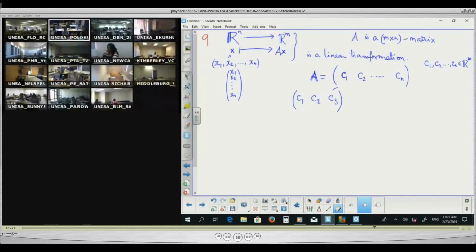So can I please make C2 the zero vector, because this is in reduced echelon form, so it's in the augmented form. So your C2 is the zero vector. Yes, sir.